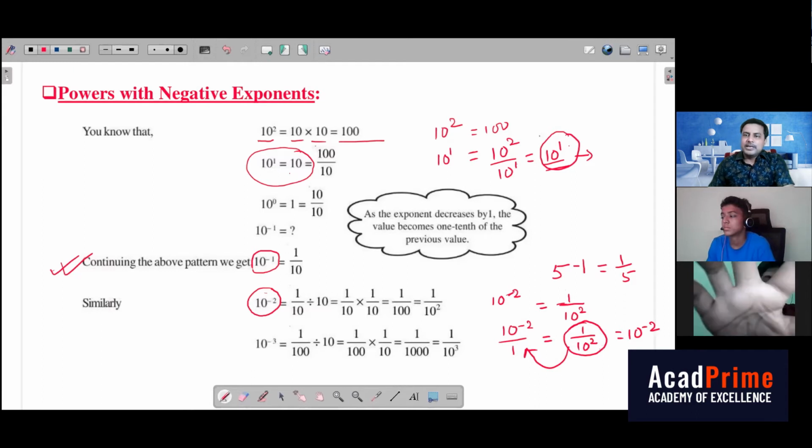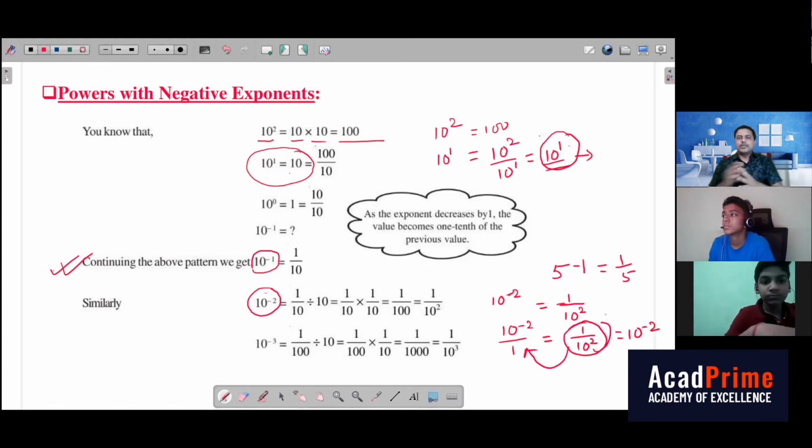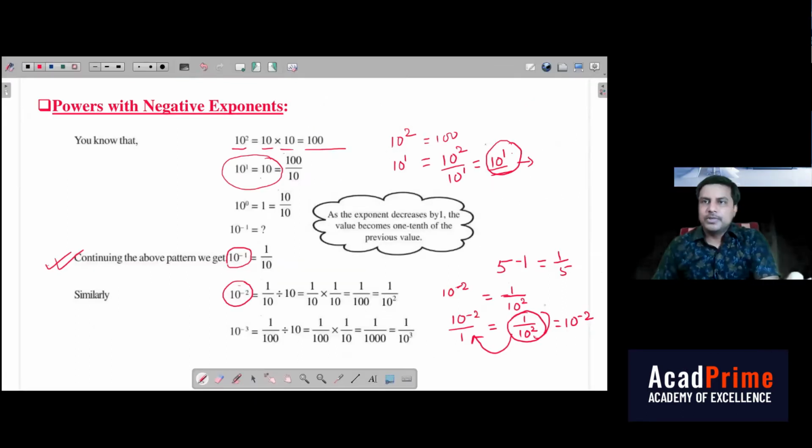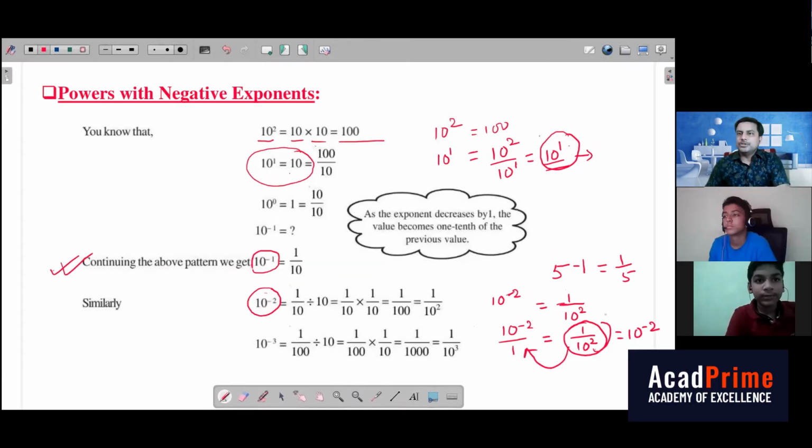That means this denominator goes up to become a numerator. So whenever we exchange denominator and numerator, the sign of the power also changes. Okay, is there any doubt?